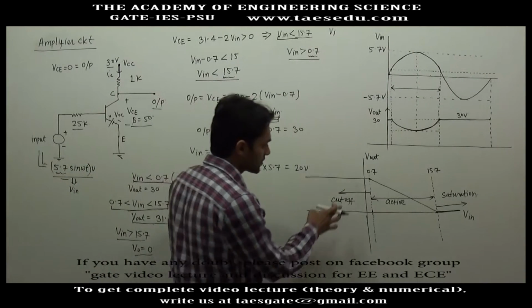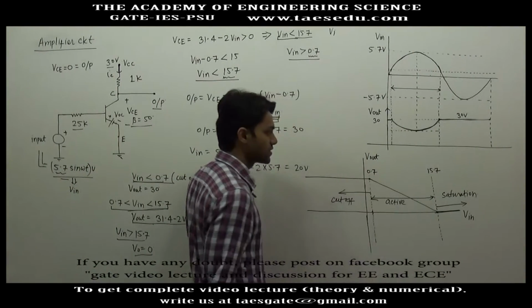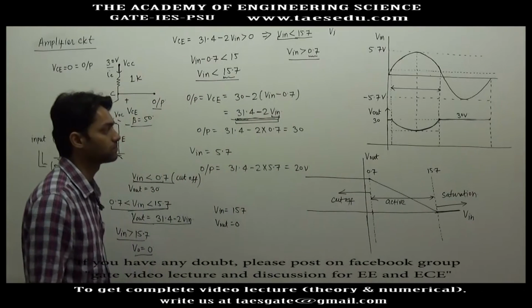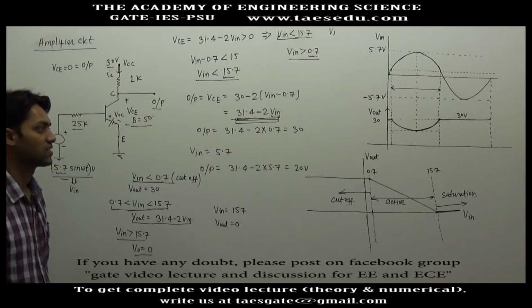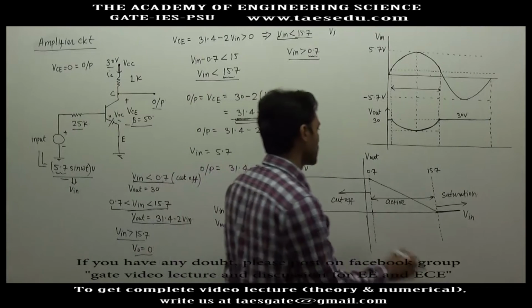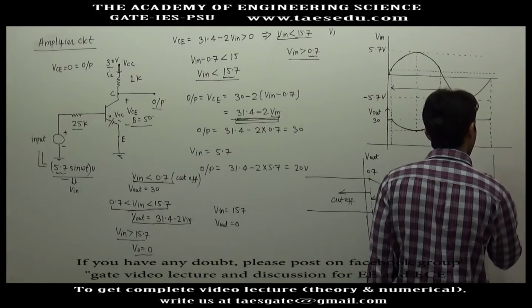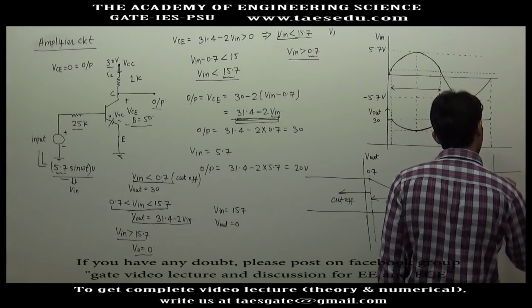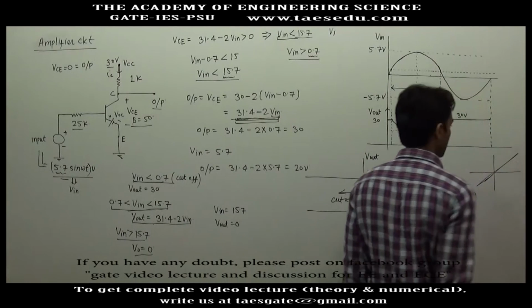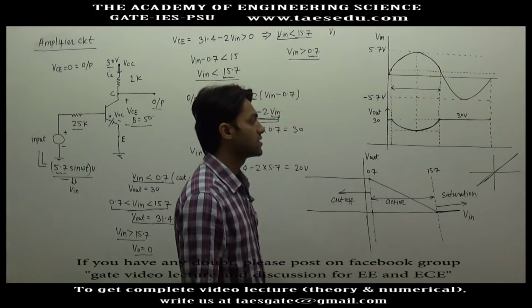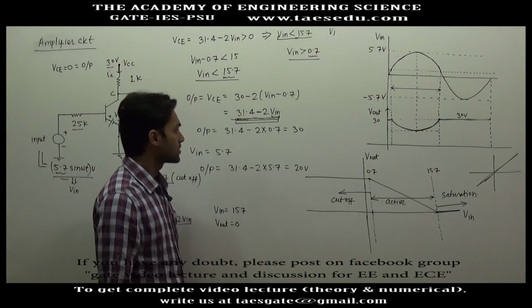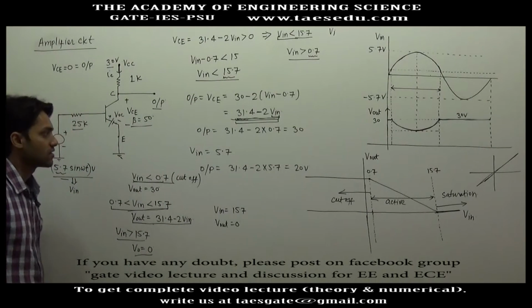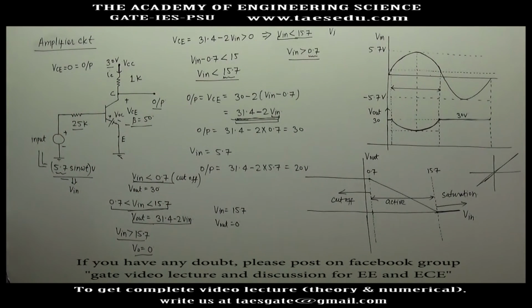So in this graph, can you say that output voltage is directly proportional to input voltage? Obviously not. If output voltage was directly proportional to input voltage, you would get a straight line passing through origin, and in that case we would say that this circuit is a linear circuit.